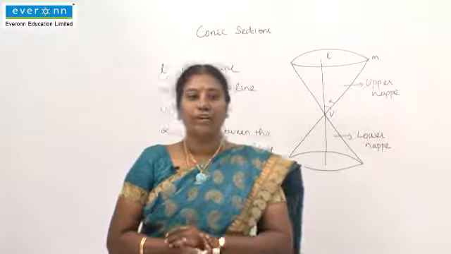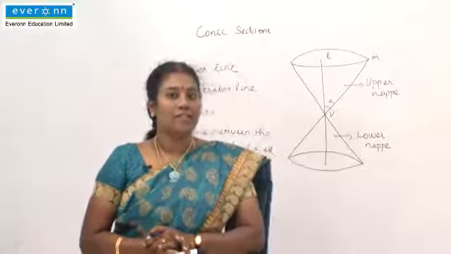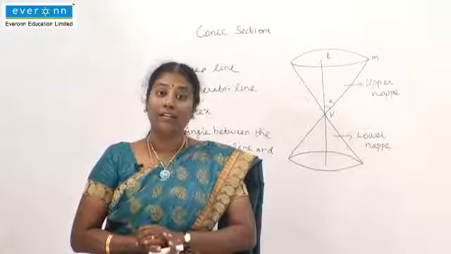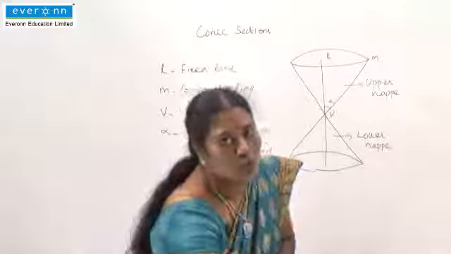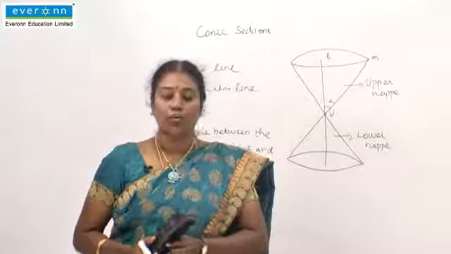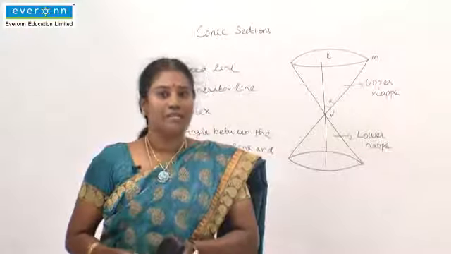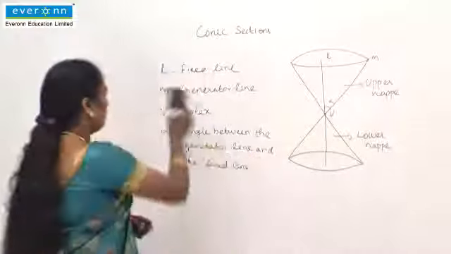So, different conics are obtained when this double naped cone is intersected by a plane. Let us see what are all the different conics that we obtain when a plane intersects the double naped cone.